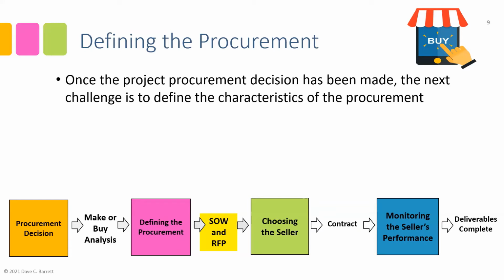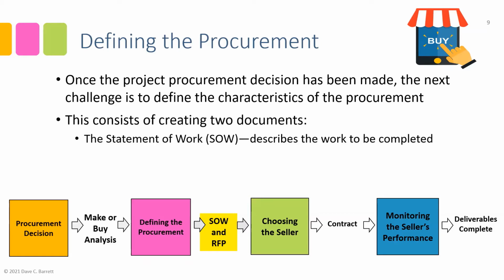We need to be able to document that, because the external organization cannot somehow read our minds or deduce what we might need. We have to explicitly tell them in terms of our procurement requirements. And this consists of creating two main documents.